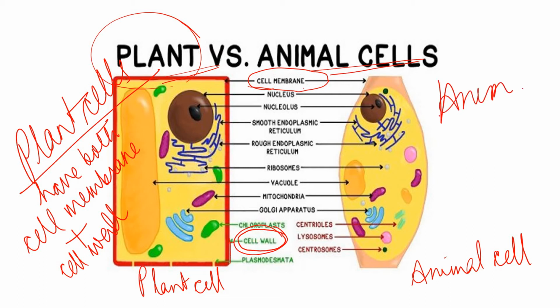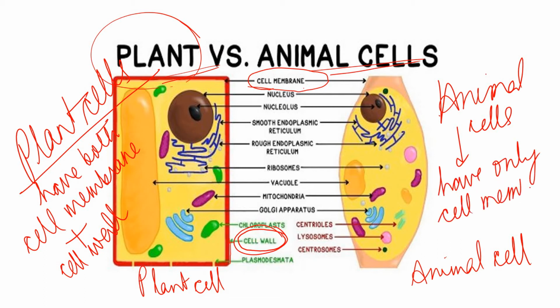Animal cells have only cell membrane, right? Cell wall is absent in animal cells. Understood? I think the picture makes everything clear.